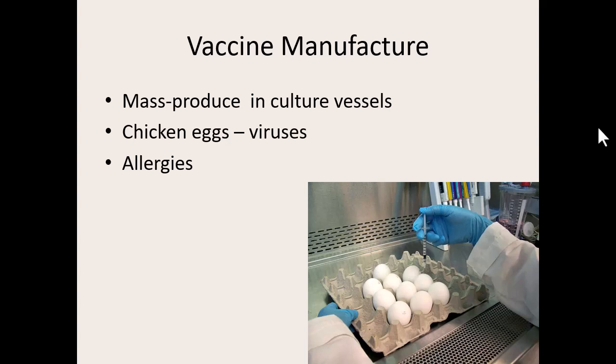Some people do have allergies to certain vaccines. Maybe it's because it was made in the eggs. Maybe it's because it was made in some other type of serum. Some people do have allergies to different vaccines. Your immune system might recognize some of these things, and it's supposed to do its normal thing. It's supposed to recognize that thing and mount an immune response against it.